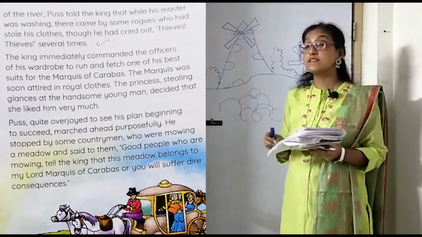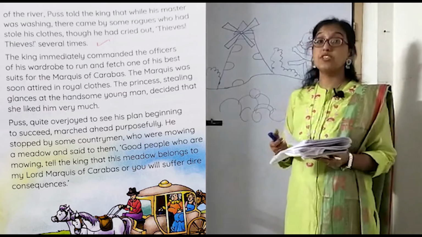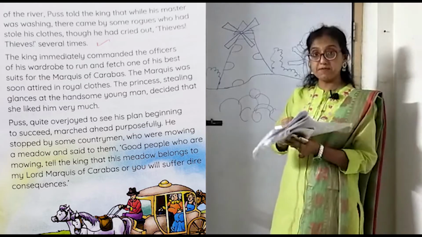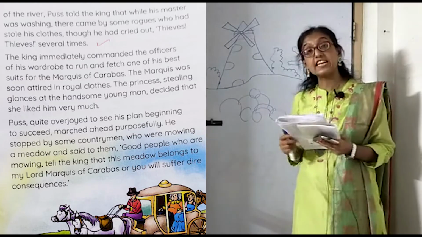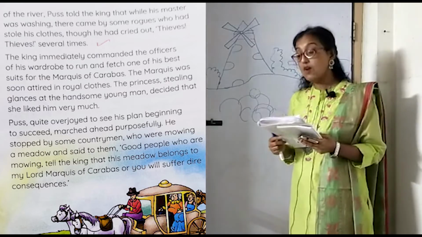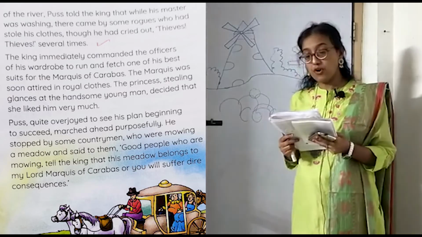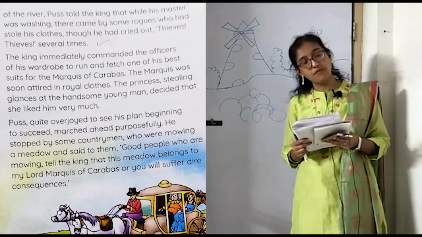Obviously, this is a fictitious character which Puss has framed. So, the cat continues making gifts of game to the king for several months, for which he is rewarded.